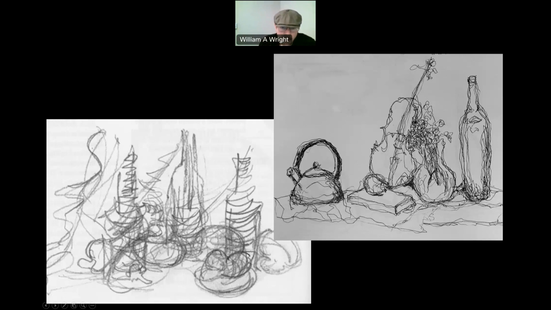But usually in class I ask, what is this object? And most of you will know just by looking, it's a wine bottle. But at the end of the day, does it really look anything like a wine bottle? Does it look like a finished drawing? No, it doesn't. It has this sense of curving towards you because of the way the marks were made, and it has the area where it goes in skinny at the neck. But I will point out that the artist didn't even draw both sides.